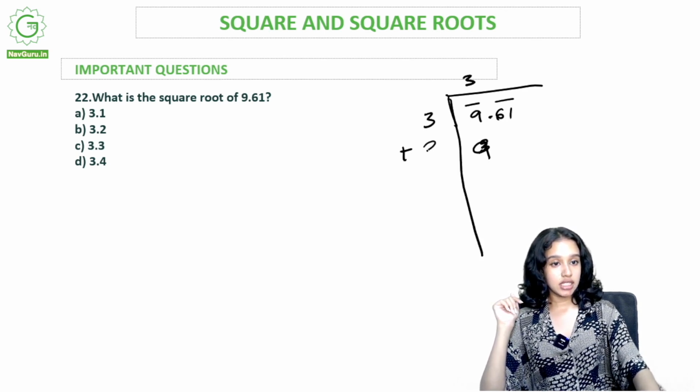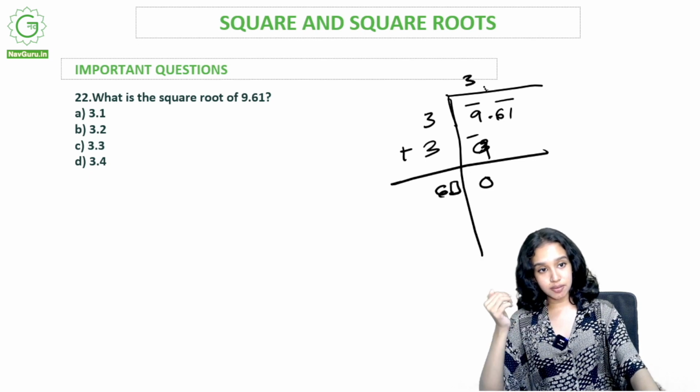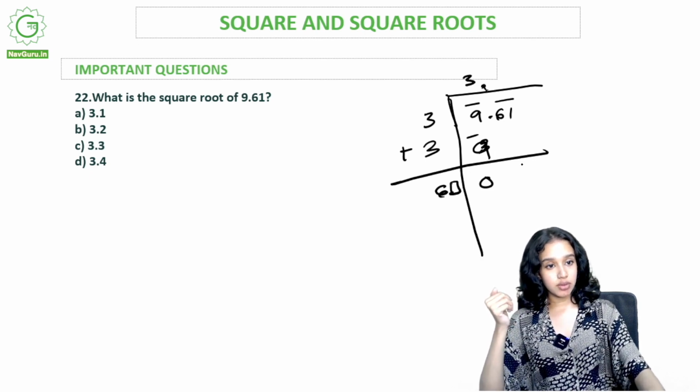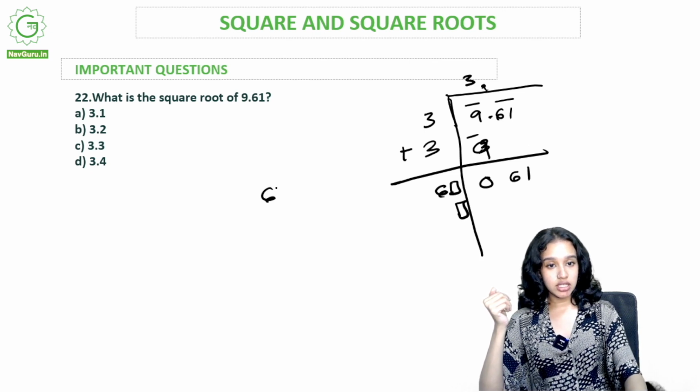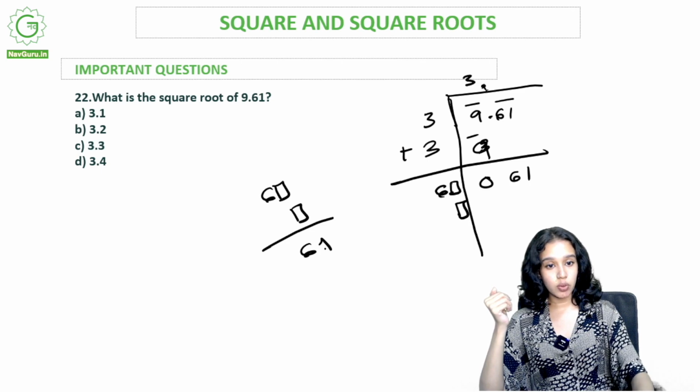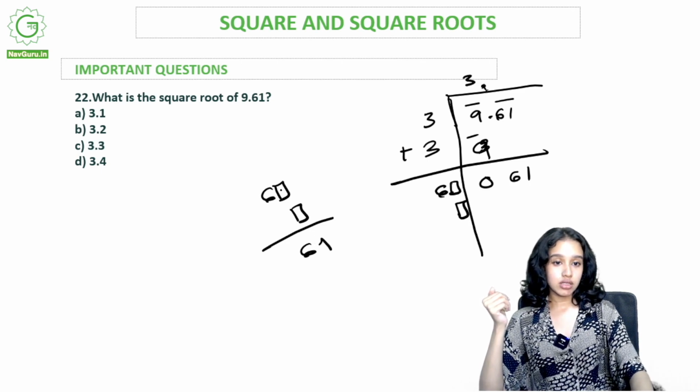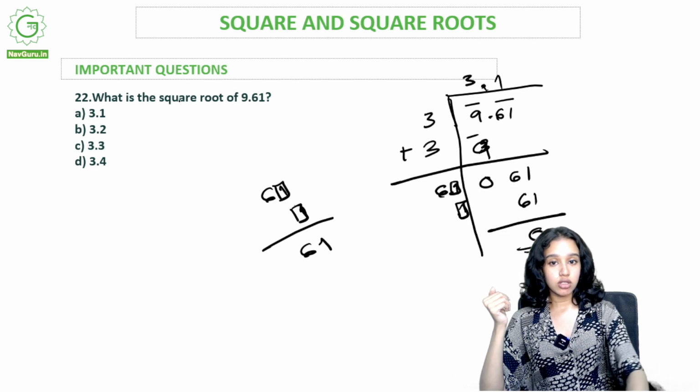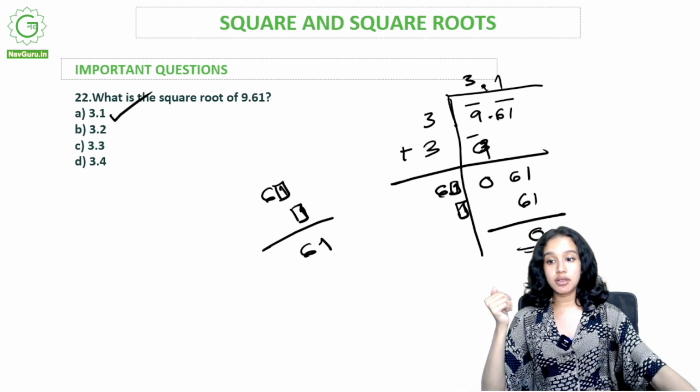So we add 3 here, subtract this, so we get 6 and some number 0, and here we add the point 61. 6 something into something gives us 61. So how about 61 into 1? So we put here 61, 1 1s are 61, 0. So the answer is 3.1.